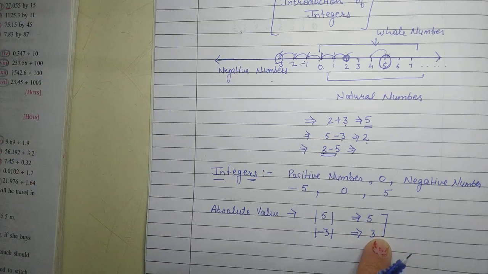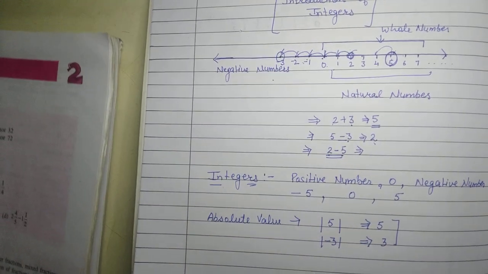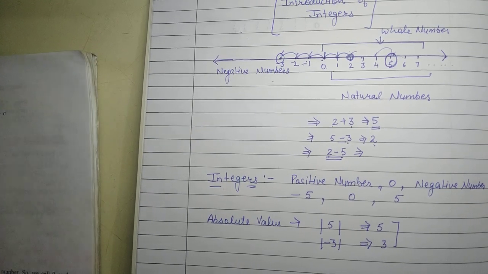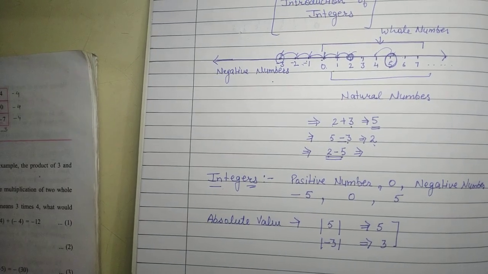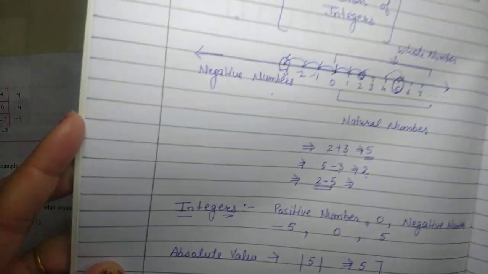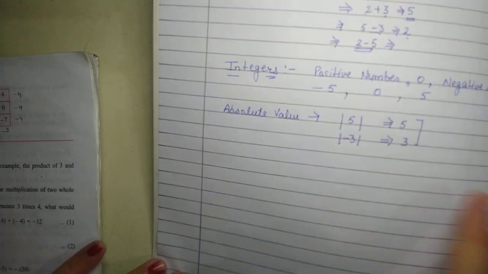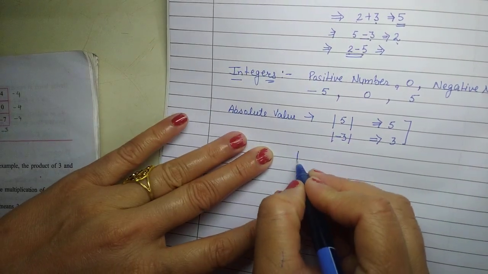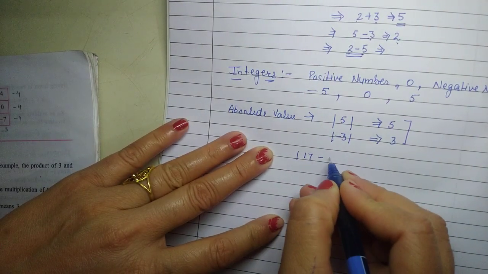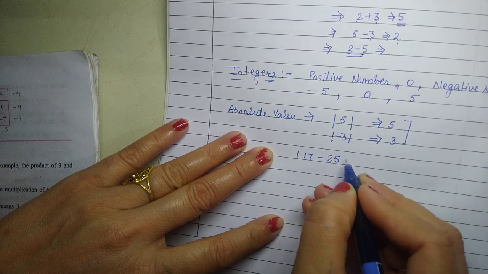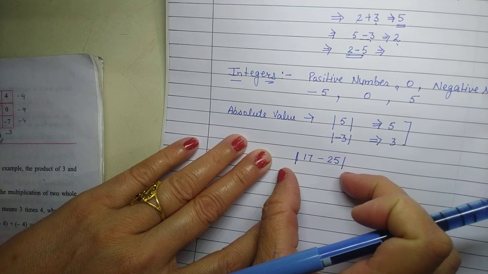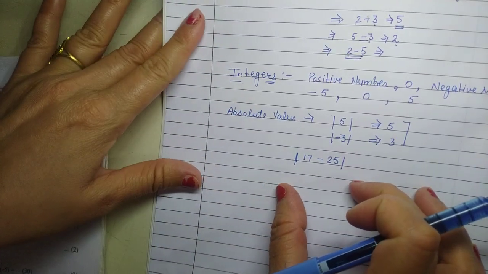Now let me discuss more examples of the absolute value and how we can find it. For example, I have to solve the absolute value of 17 minus 25. This operation is bounded with the two vertical lines, that is the absolute lines.